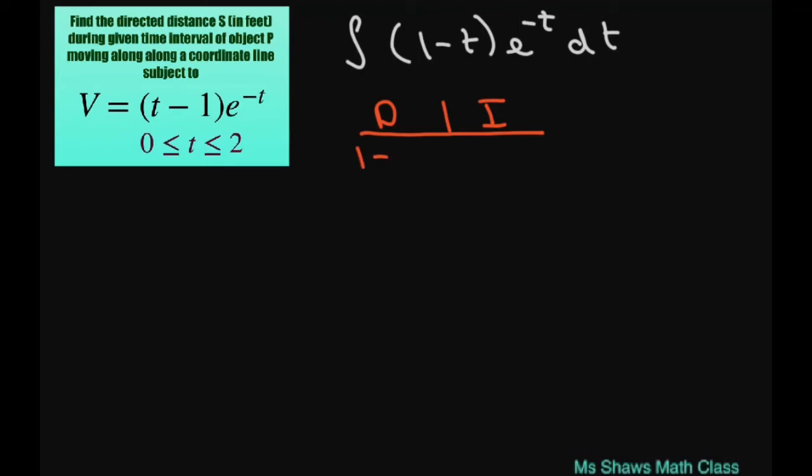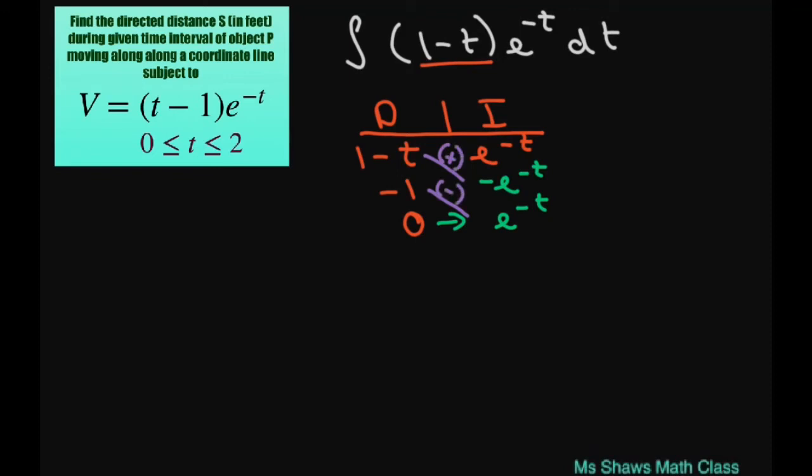You write down your algebraic expression and take the derivative until you get to 0. The derivative is negative 1, and the derivative again gives 0. For the exponential, you copy down e to the power of negative t and keep integrating: negative e to the power of negative t, then e to the power of negative t. Then you multiply along the diagonals, with the signs plus, then minus.